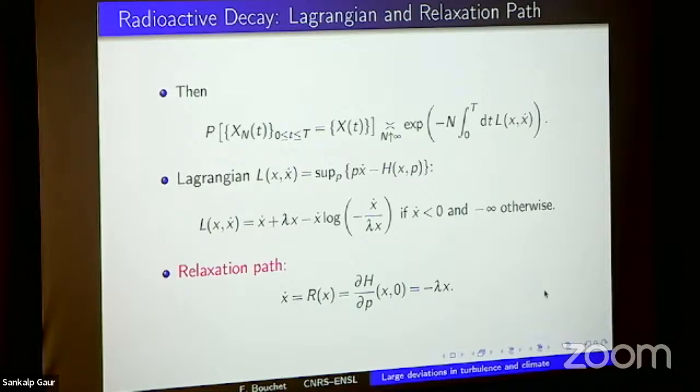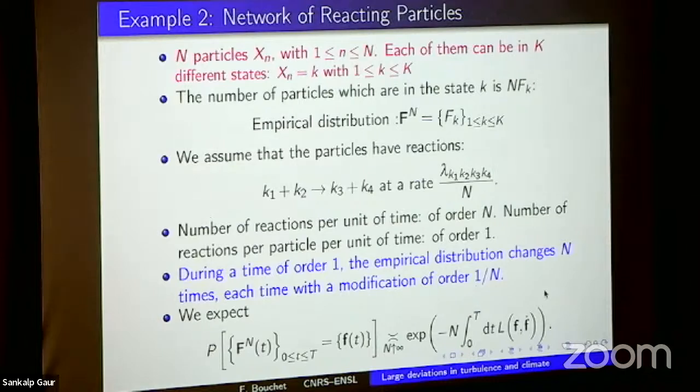And then if I ask what is the most probable path here, then I get the relaxation path I already knew from the beginning. Okay, so I can generalize this to many other things. So I give you just another simple example because it will be useful for the, yeah.